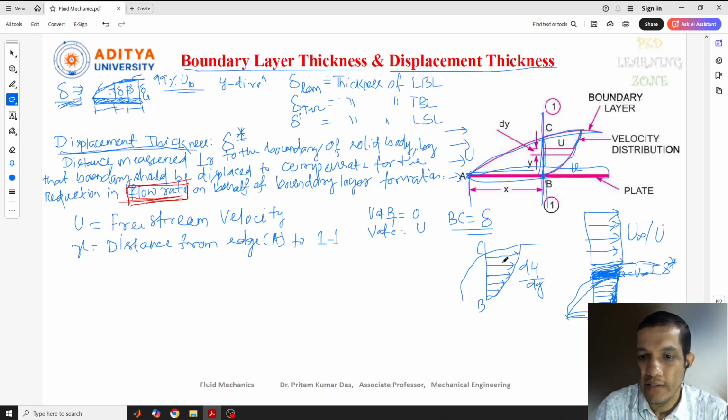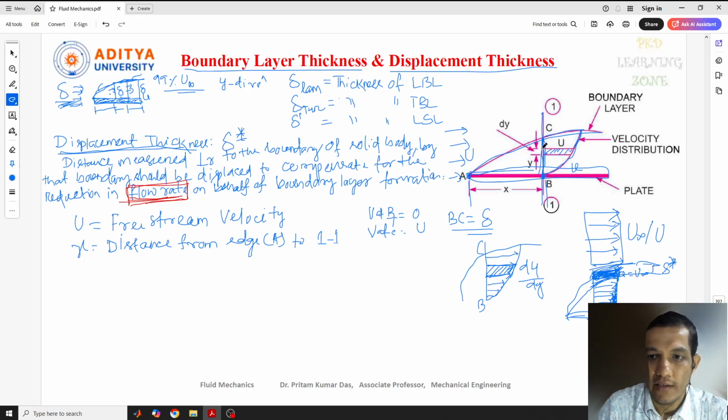In this position, let me consider a small elemental strip, with a thickness, and this is y.